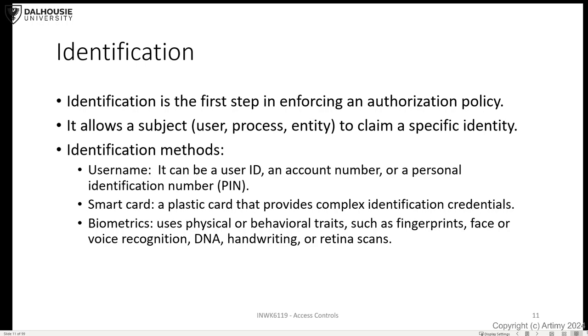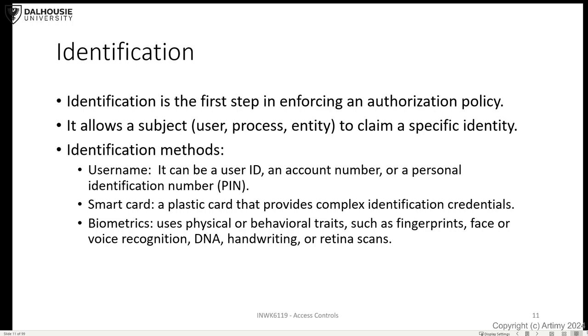So that's a unique method to identify you. A PIN sometimes is used. Any unique ID method. Sometimes physically you need a smart card. As long as you are carrying that card with you, that card provides information about you.